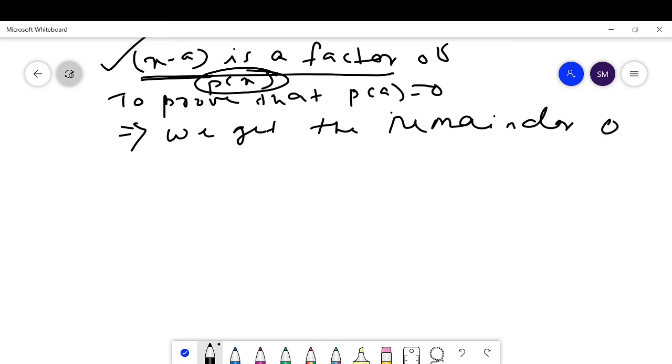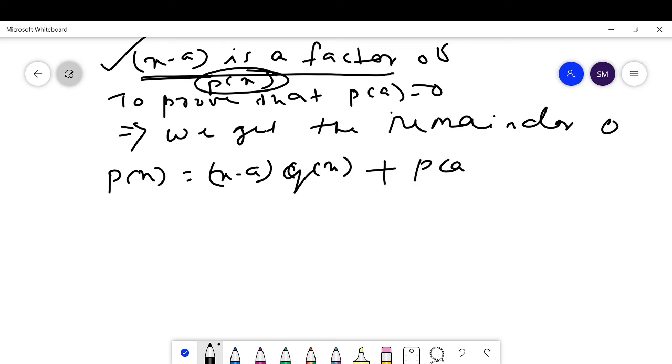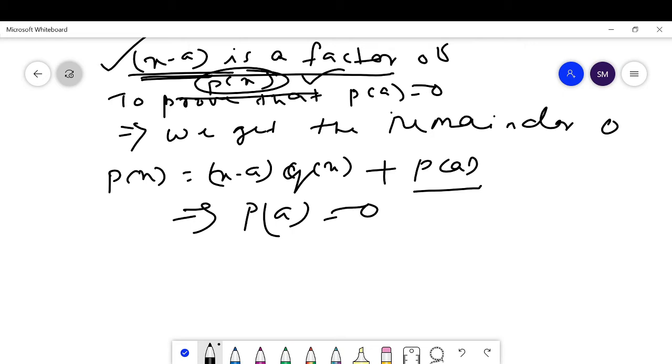But the remainder theorem says when P(x) is divided by x minus a, the remainder is P(a). Here, as x minus a is a factor and P(x) is completely divisible, the remainder is 0. The remainder is P(a), so P(a) is equal to 0. We have proved the factor theorem and its converse.